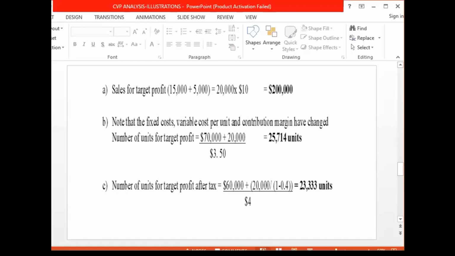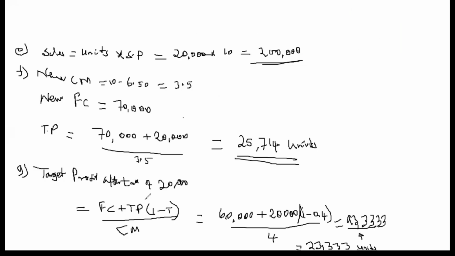Okay, so you just need to note that this is target profit divided by 1 minus T. This is a very important formula if you have to analyze in relation to tax.